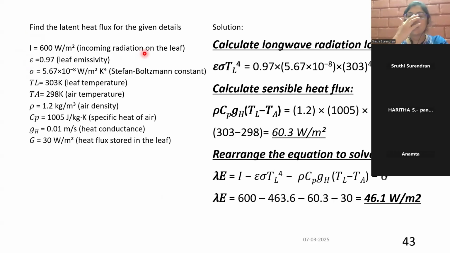We know that small amounts of long wave radiation are absorbed by the plant, but unless it is specifically mentioned that this is long wave radiation going into the leaf, you just need to consider the solar radiation as the input, and the output will be sensible heat, latent heat, long wave radiation, and stored energy.